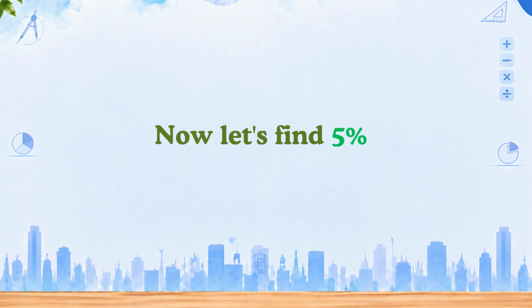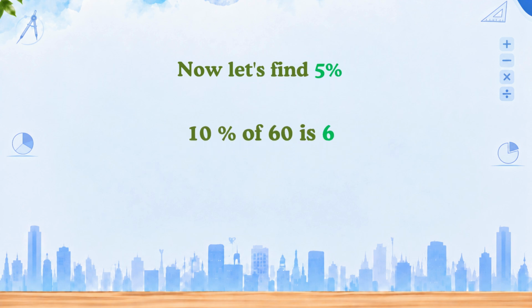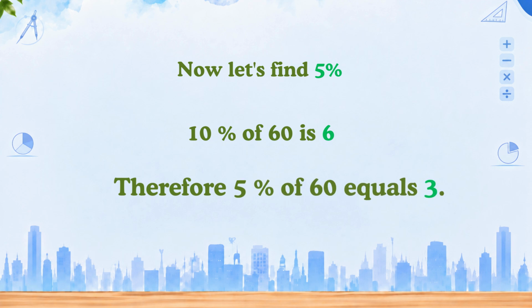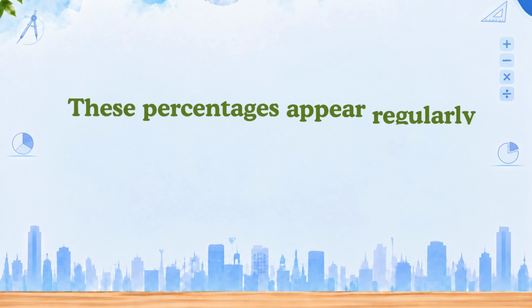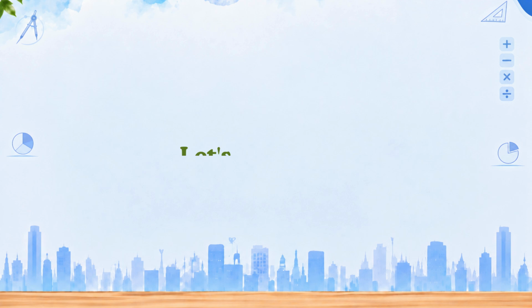Now let's find 5%. 5% is half of 10%. 10% of 60 is 6. Half of 6 is 3. Therefore, 5% of 60 equals 3. These percentages appear regularly in SAT questions, so they are worth memorizing.